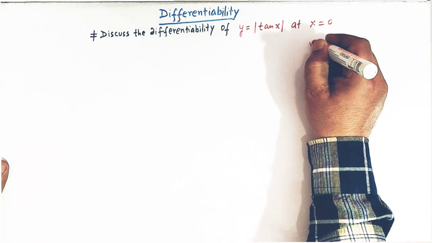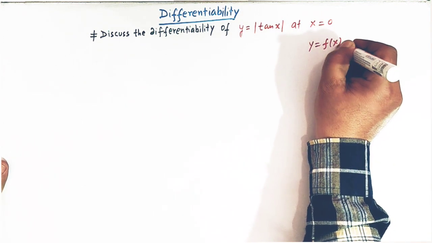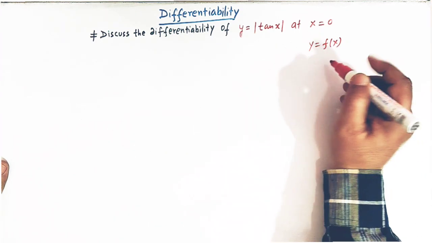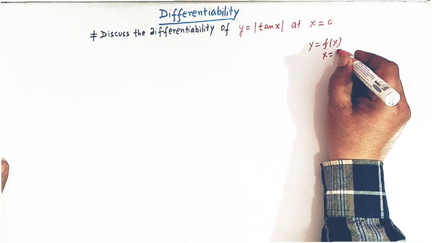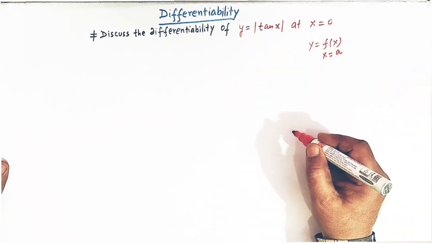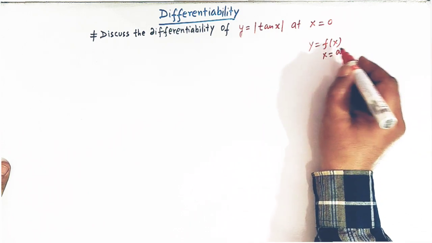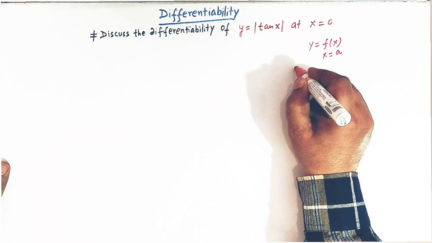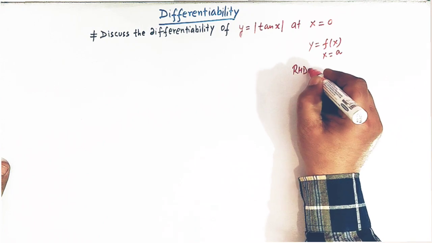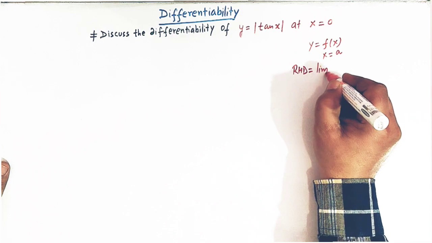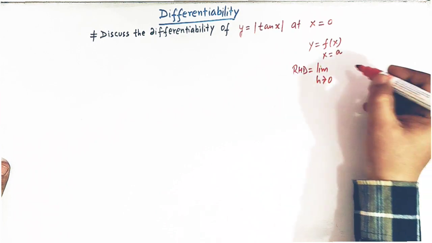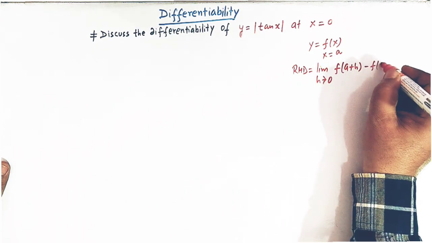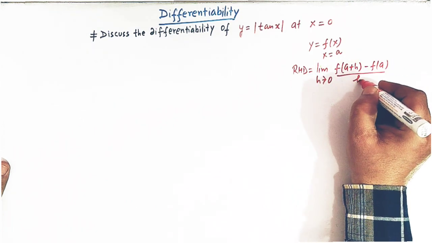Suppose we have a function, say y equal to f of x, and we wish to check the differentiability of this function at some point, say x equal to a in its domain, right? To check this, we find the right hand derivative, which is given by the limit h tends to 0 of f of a plus h minus f of a divided by h.